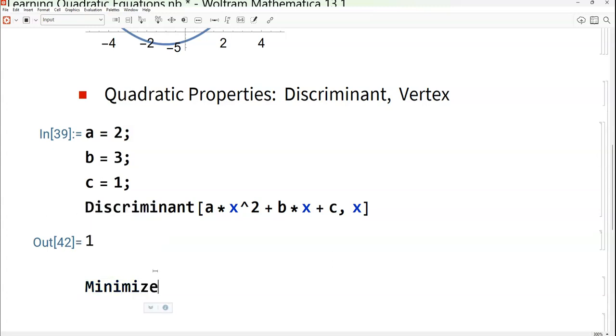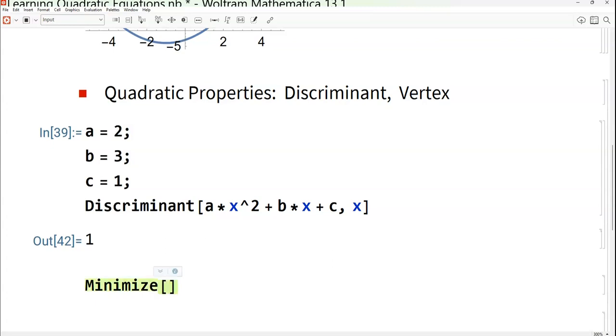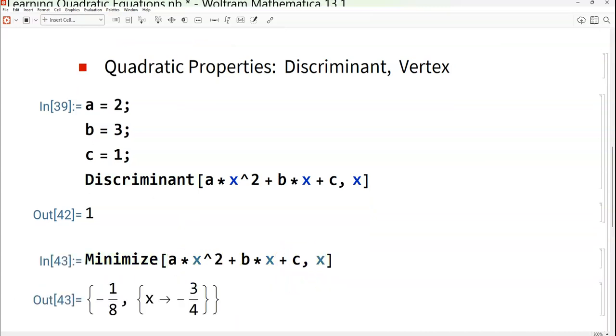And when we put in the formula here, just copy and paste to save some time. And there it is. The function has a minimum when x is equal to -3/4 and y is equal to -1/8.